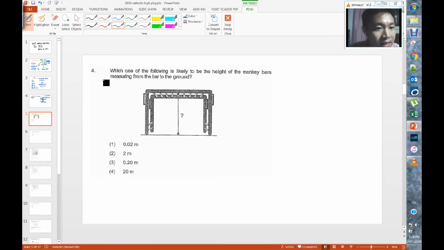The question says, which one of the following is likely to be the height of the monkey bars measuring from the bar to the ground? So if this is the monkey bar and you are asked to estimate, how do you do estimation? You just imagine there is a person who is going to cross from the left hand side to the right hand side.